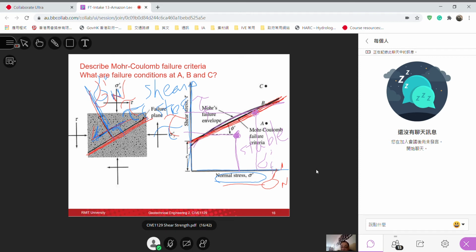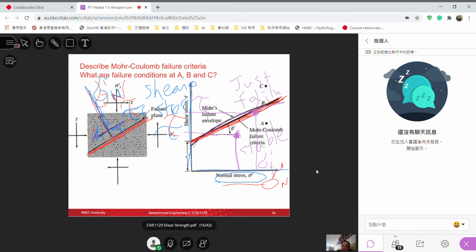Sitting right on this straight line, the Mohr-Coulomb failure criteria, the soil is just touching failure.